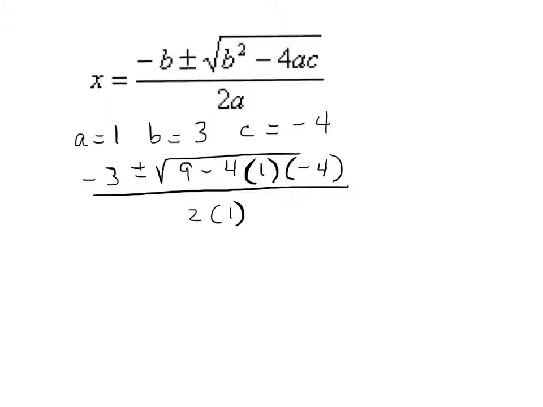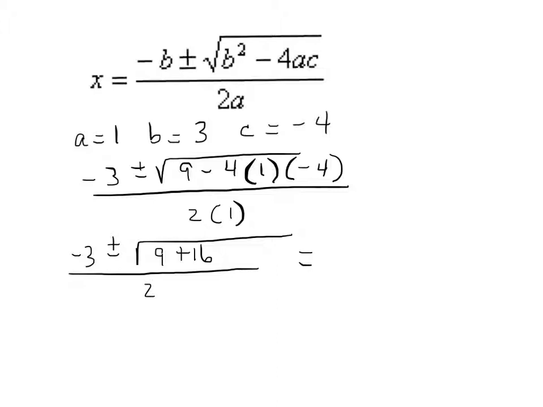So following order of operations, I have negative 3 plus or minus 9, and then multiplying here I have 4 times 1 times 4 is 16, and since I have a double negative, this becomes plus 16 all over 2 times 1 is 2.